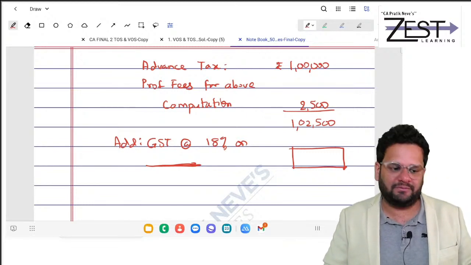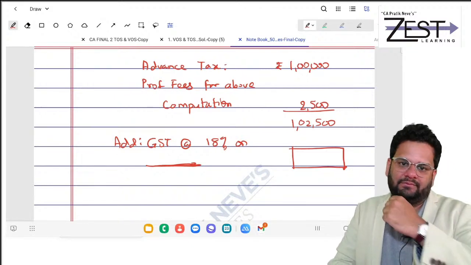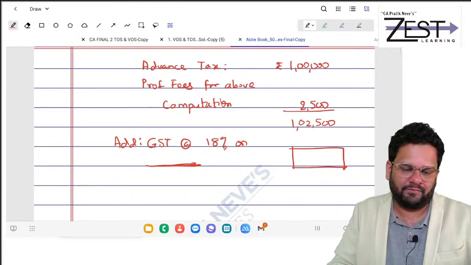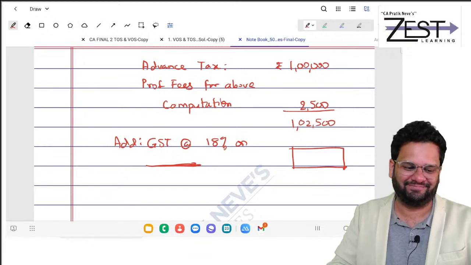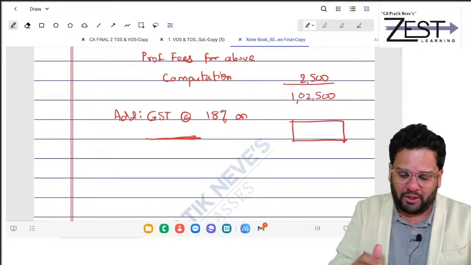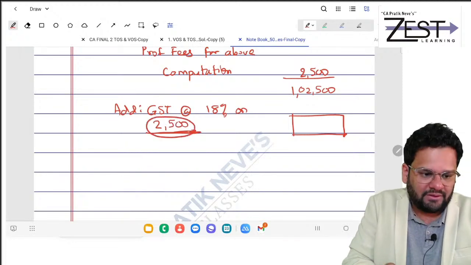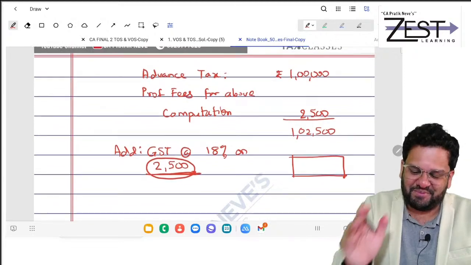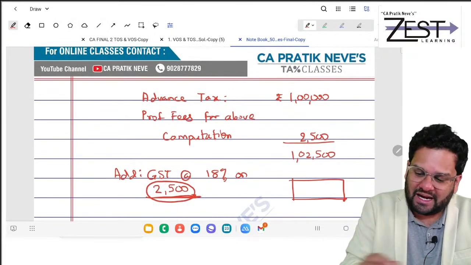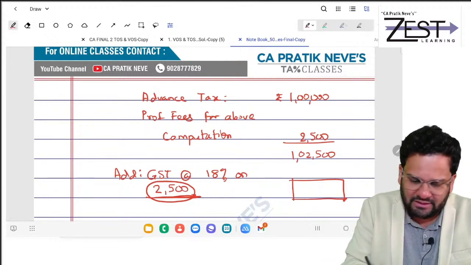What is your opinion? No, so that is exactly the point. GST will be calculated on only 2,500.